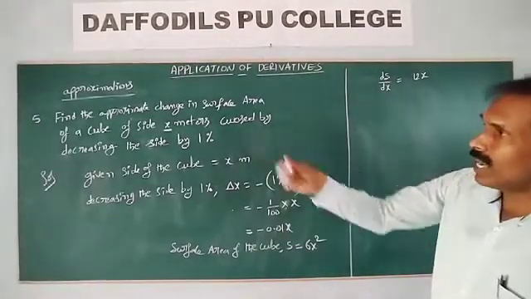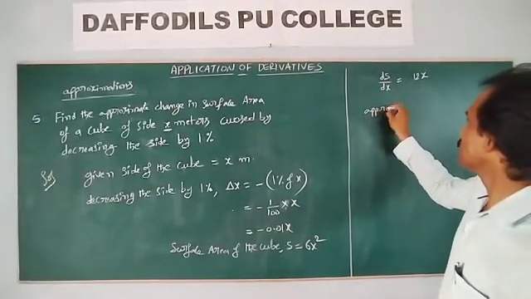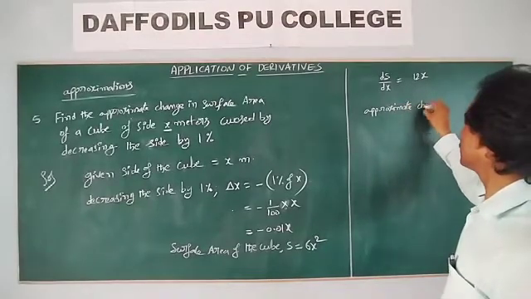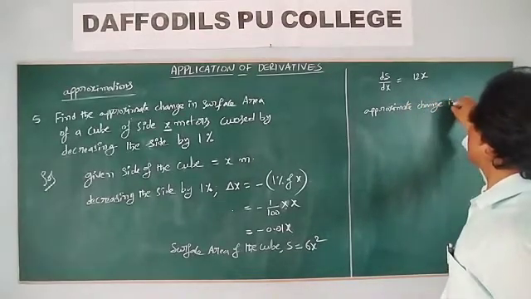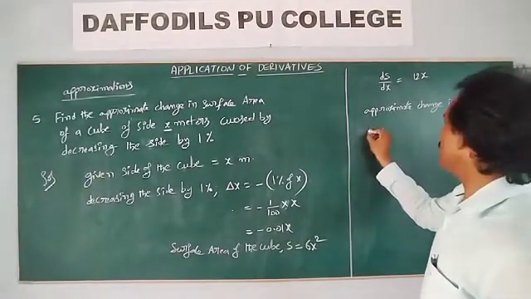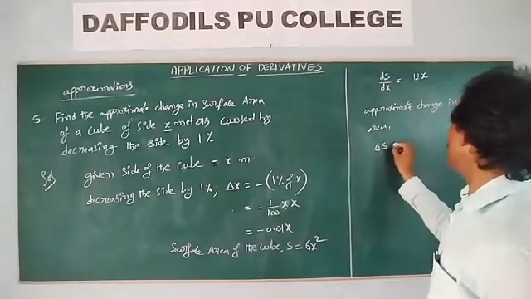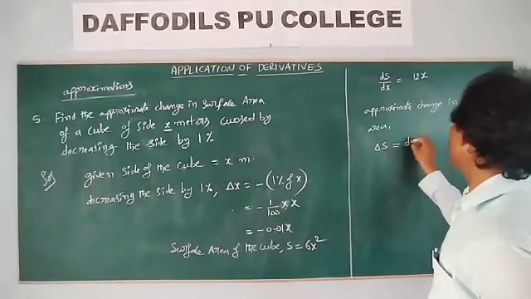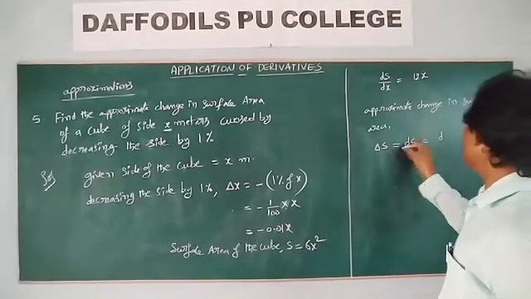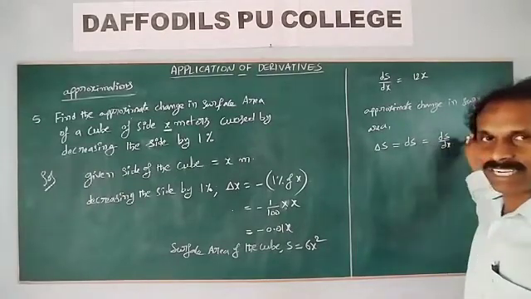We want the approximate change in surface area. So delta S is approximately equal to dS, which is ds by dx into delta x, that is f dash x into delta x.